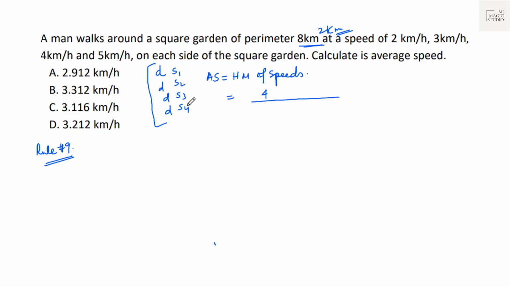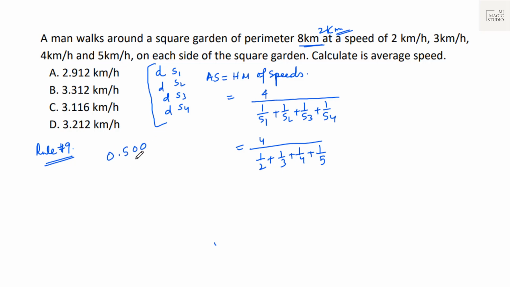That would be 4 upon, why 4? Because 4 speeds are given. 1 by S1 plus 1 by S2 plus 1 by S3 plus 1 by S4. That's it. 4 upon 1 by 2 plus 1 by 3 plus 1 by 4 plus 1 by 5.